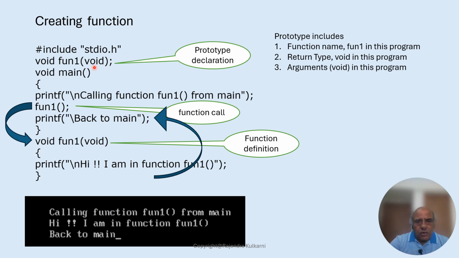In this case void is the argument. What does void stand for? It stands for nothing. So what does this tell us? This function fun1 does not return anything, and to this function nothing is being passed.